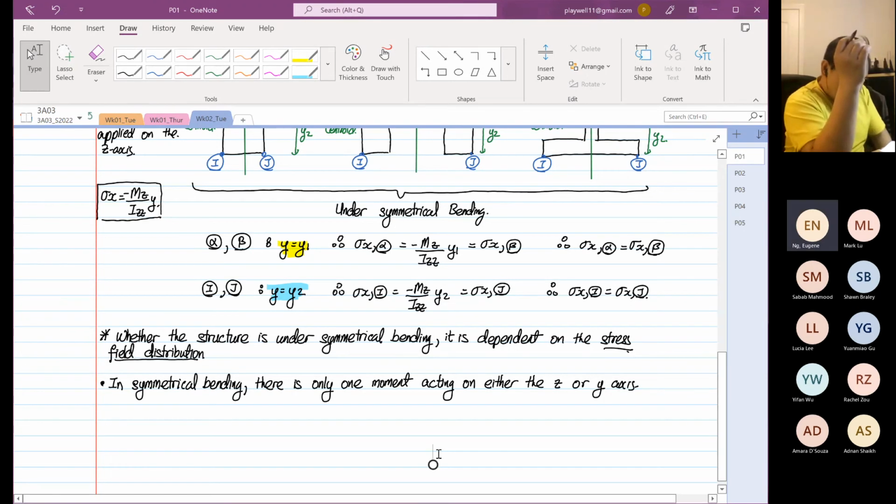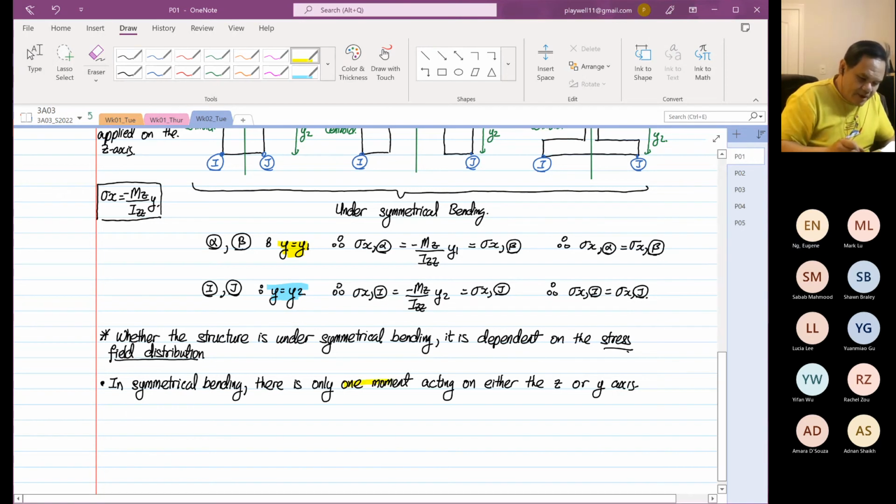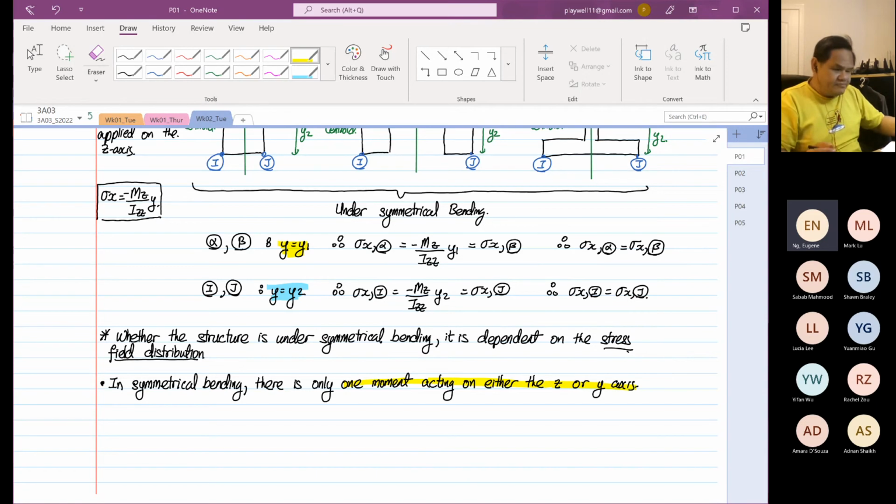So the moment can only be acting on one axis only. It can be either on the Z or on the Y. Let me elaborate what I mean by that.